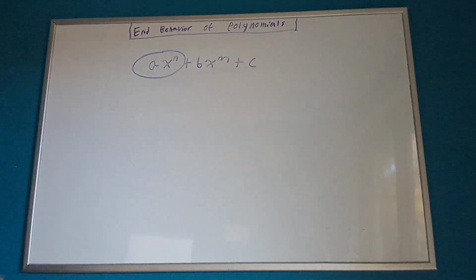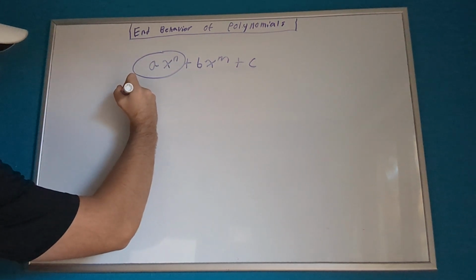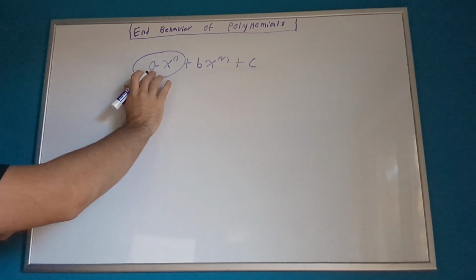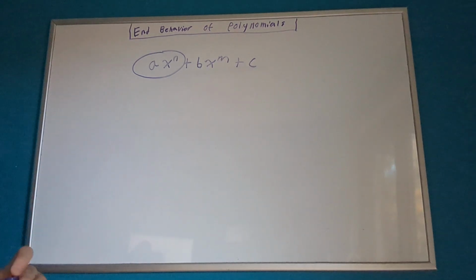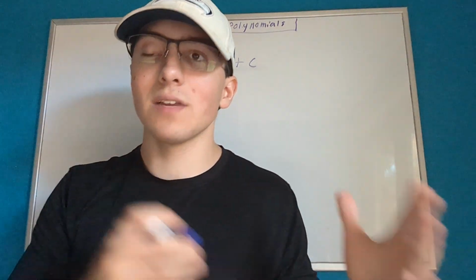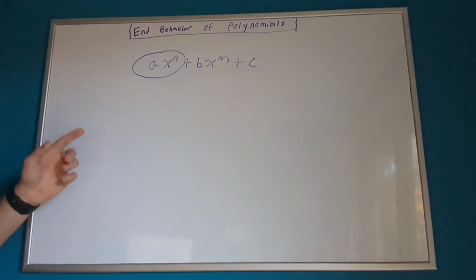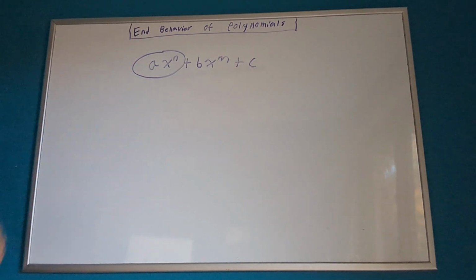So what can we say from here? If n is even and a is positive, then the end behavior as x approaches positive and negative infinity will be positive infinity.